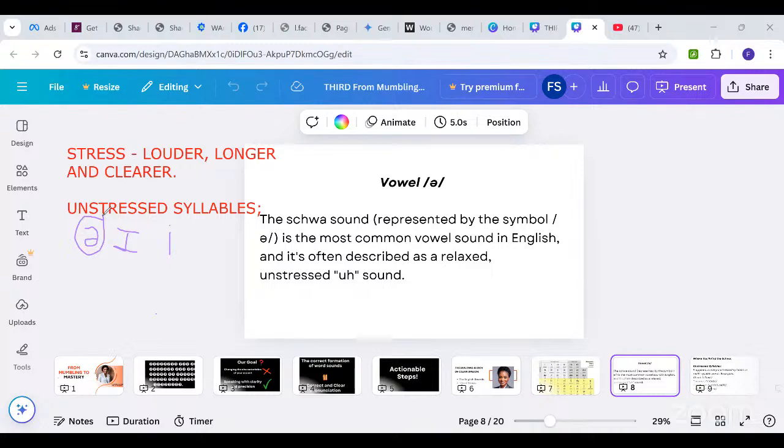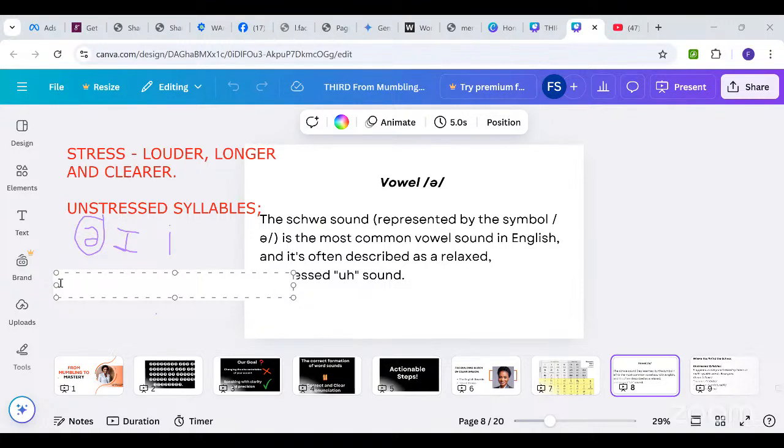So let's take a few stress rules, for example, to help us identify unstressed syllables. There is a rule that says that when you have a three-syllable word, mostly if the word is a noun, we should stress the first syllable.